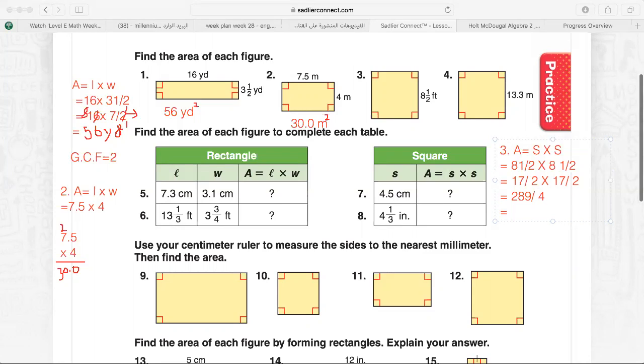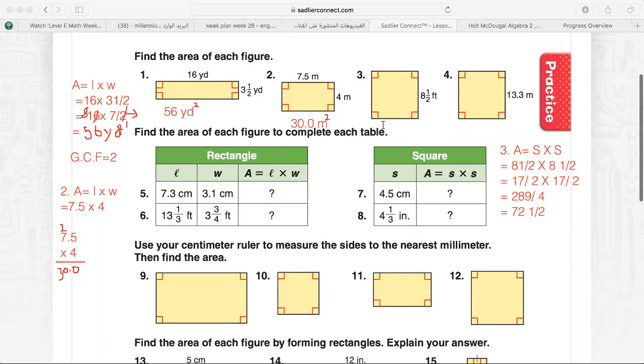If I want to change it to a mixed number, how are you going to change it? You're going to divide 289 by 4.